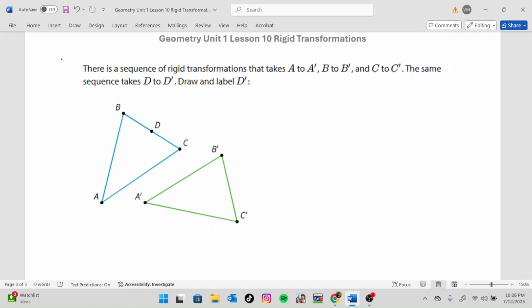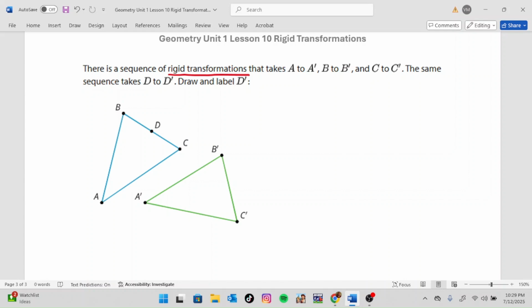So remember, they're saying that we're doing rigid transformations. When we are doing rigid transformations, we can either do rotations, reflections, or translations.